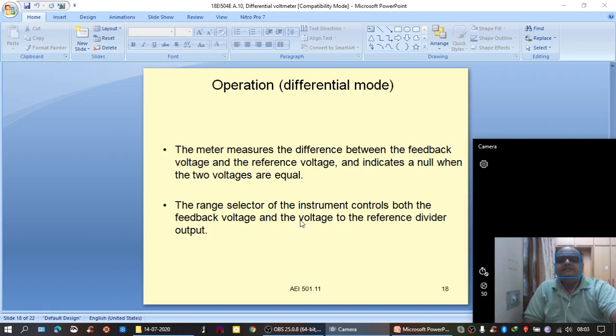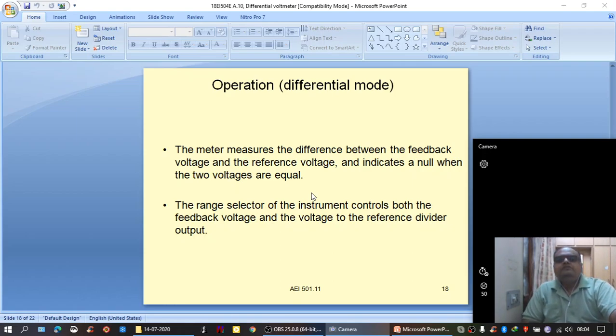The range selector of the instrument controls both the feedback voltage and the voltage to the reference divider output. That is what I told. Both the switches are connected together and adjusted by a single position changer. By controlling the position, both the switches will change their positions simultaneously, either up or down.